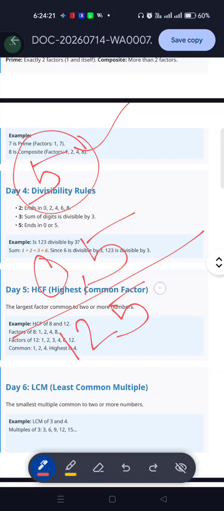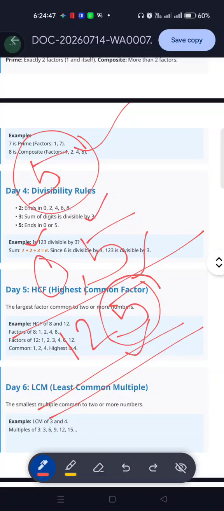So in the end you can see here the ones place digit is 5. What the divisibility rule of 5 says is that if the ones place of any number is 0 or 5, it will be divisible by 5. So here in 125 the ones place digit is 5, so 125 will be divisible by 5. Okay, it can be completely divided by 5, leaving no remainder.